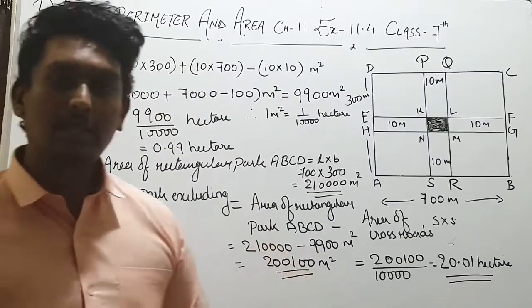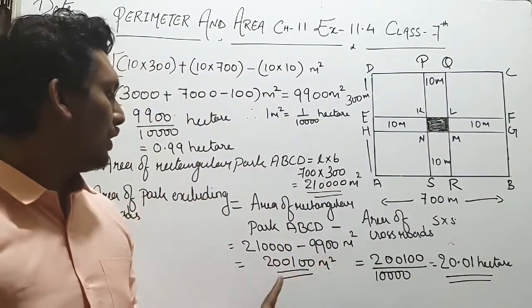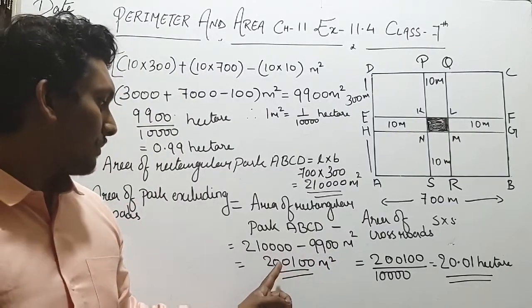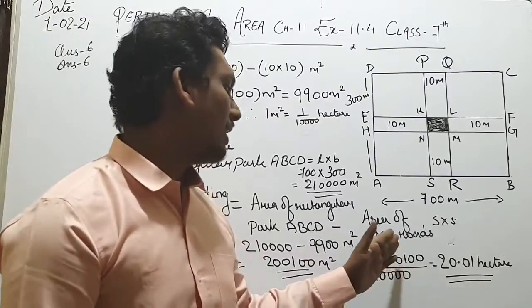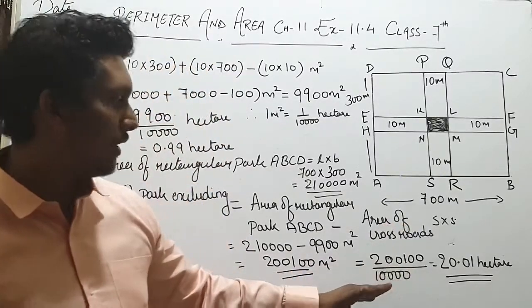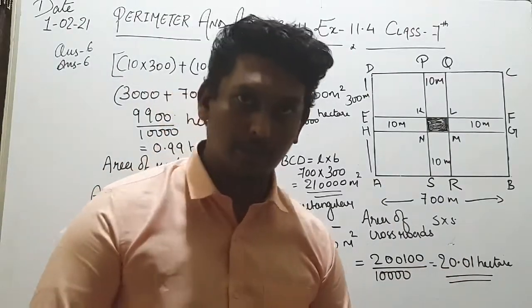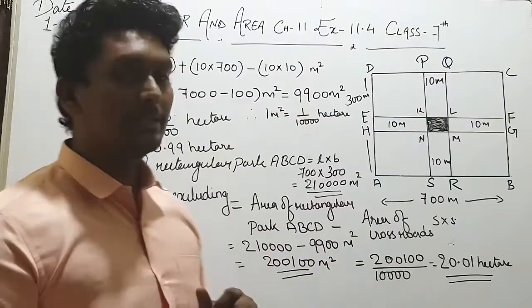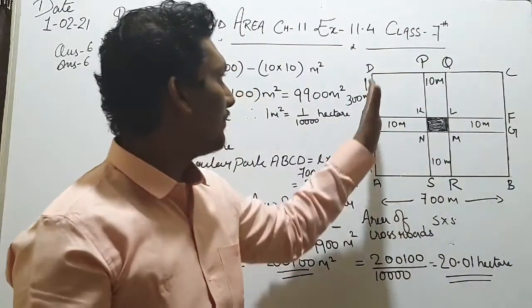So 2,10,000 minus 9,900 meters square. So we get 2,00,100. So we have to convert this into hectares. So just divide by 10,000. So we get 20.01 hectares.